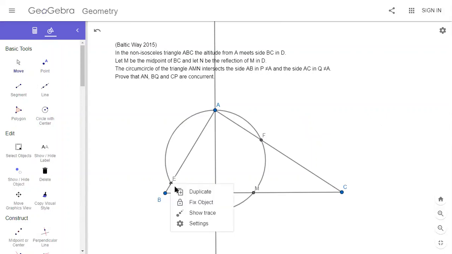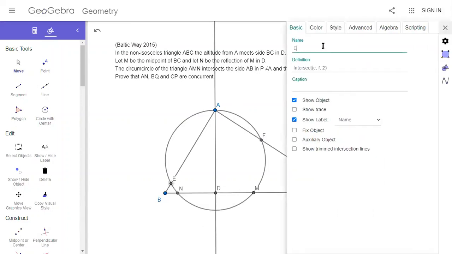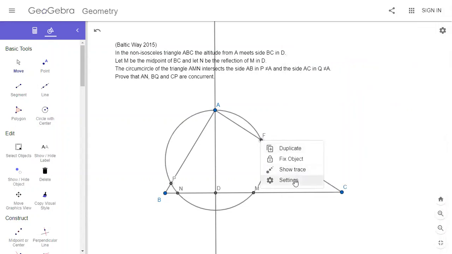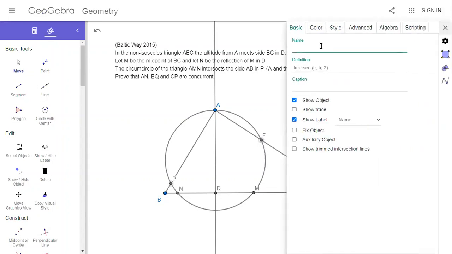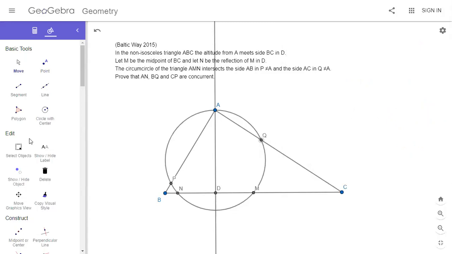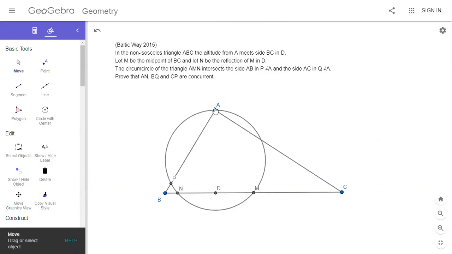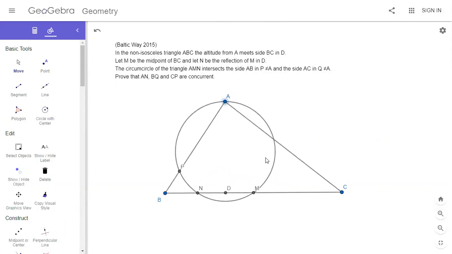So that is P, this is Q. We want to show AN, BQ, and CP are concurrent.